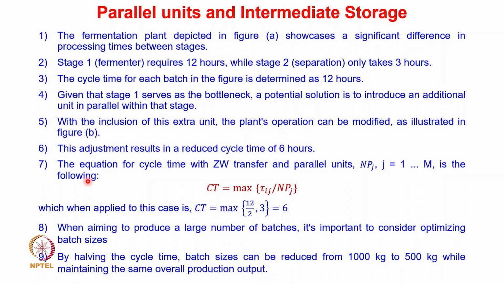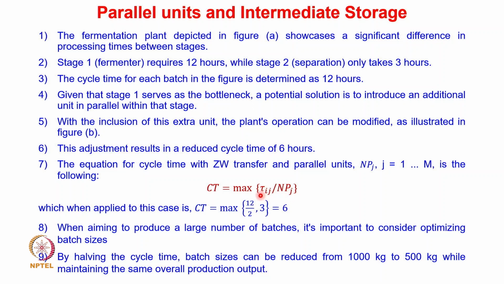Whenever we have such additional parallel units, we can calculate the cycle time by using this particular equation, the equation for cycle time with zero wait transfer and parallel units. Let's say Npj is the number of parallel units, and in that case we can calculate CT as the maximum of Tij divided by Npj.